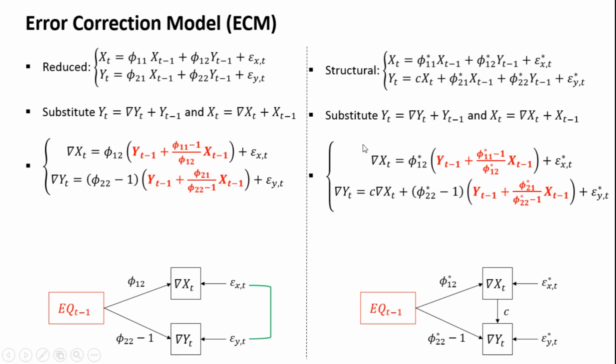Which means that we can express the differential of our variables in a linear manner. So that is the error correction model that we will present to you more widely in a moment.